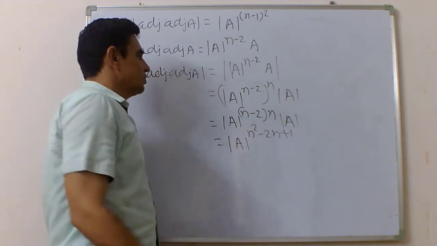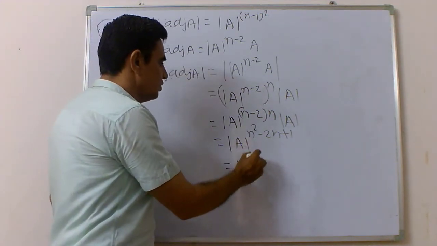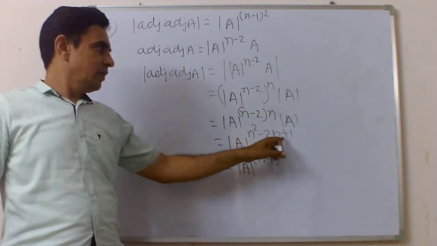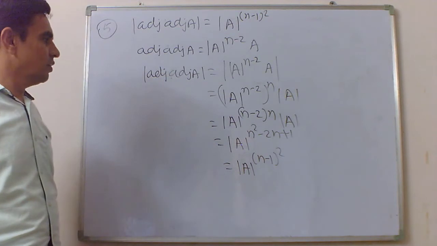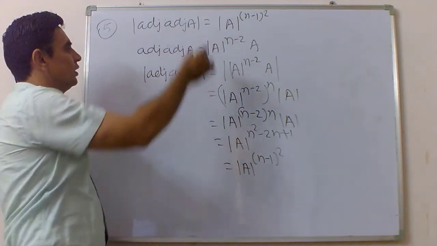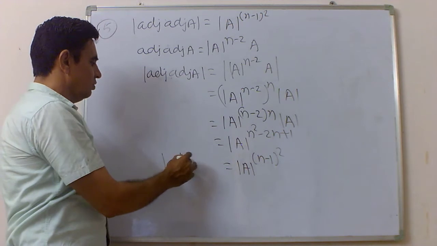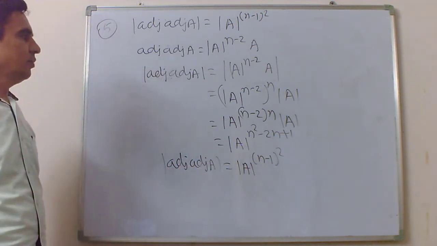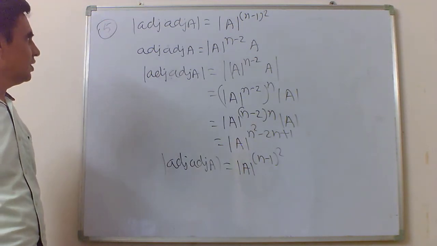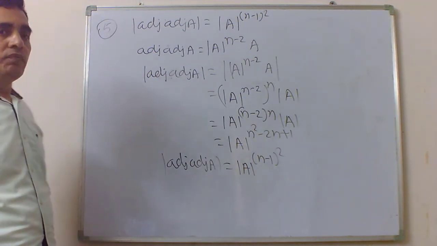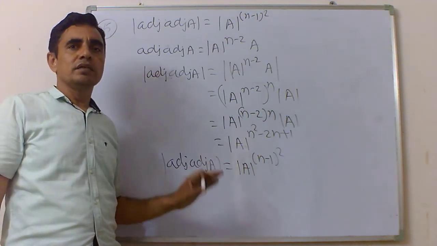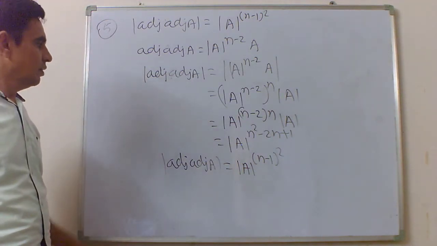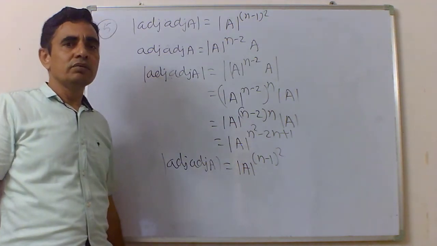And n square minus 2n plus 1 is the square of n minus 1, so we can prove here determinant of adjoint of A is equal to determinant A raised to power n minus 1 whole square. This is also an important property. If you know the proof, it is often easier to remember these properties. Otherwise many mistakes can happen in remembering properties.